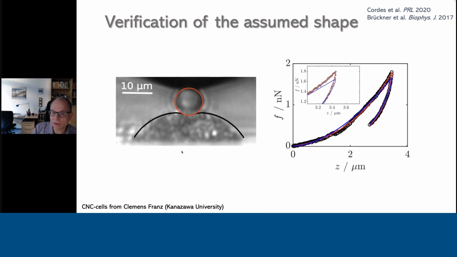This is not exactly the same curve which corresponds to that experiment, but what you can also see is the difference between a viscoelastic Hertz model, where the viscoelasticity has been included by a time-dependent elasticity modulus, and our model. The red curve is the model from shell theory, and the blue one is the Hertz model.